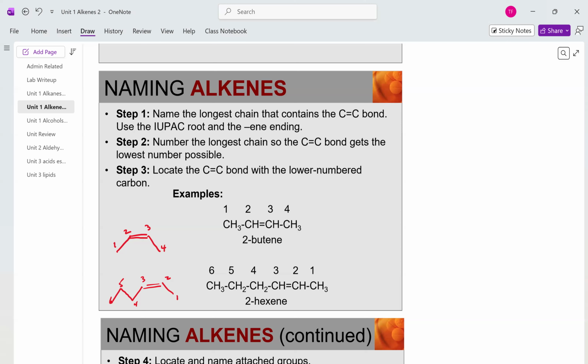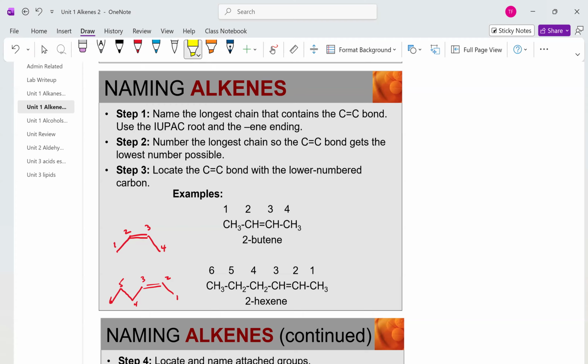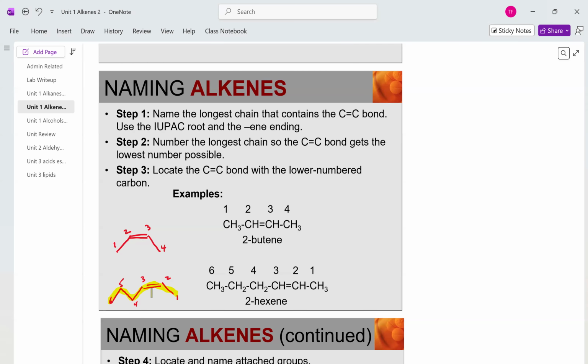So when we're drawing the backbone here, we have to include that double bond. And the numbering is going to dictate the lowest number that includes the functional group on the backbone.